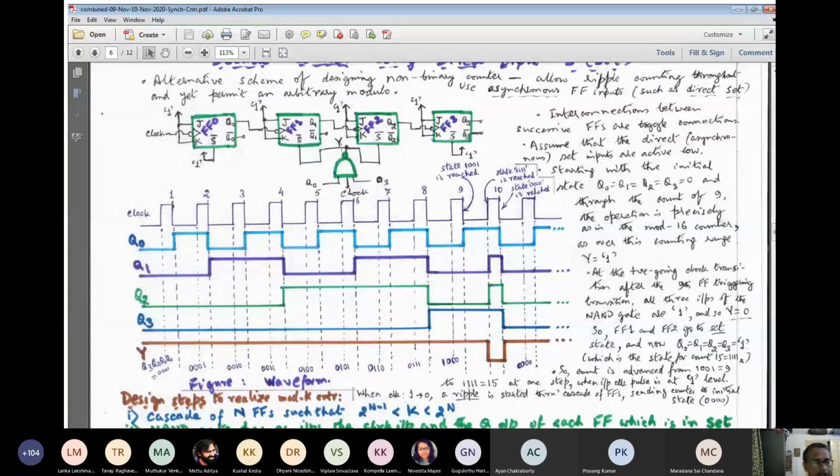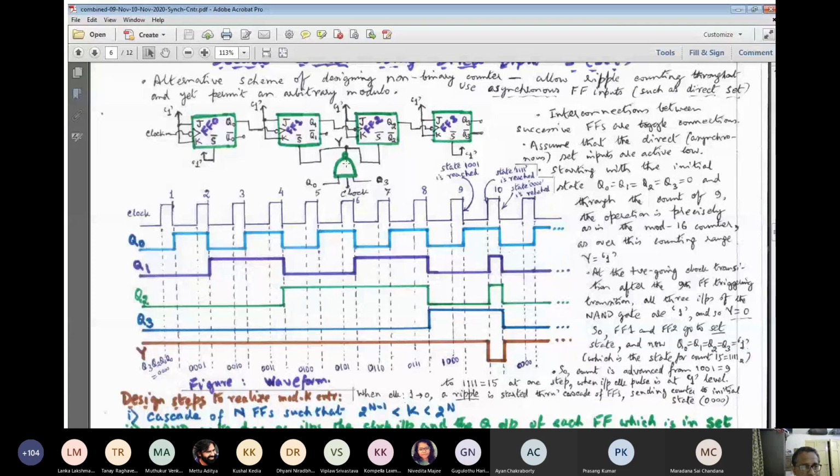So here you see Q0 is 1. All of you, if you put attention on this vertical line, you see Q0 is 1, clock is 1, and Q3 is 1. So all 3 inputs of the NAND gate, whose output is denoted as Y, are 1. What will be the output?